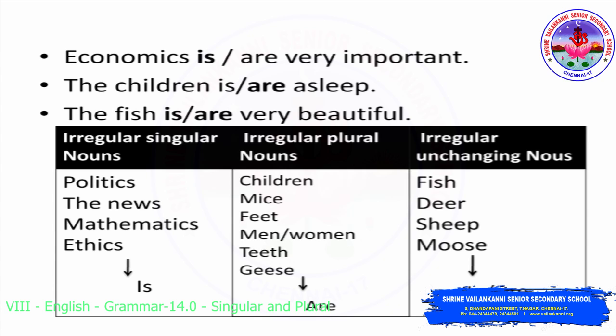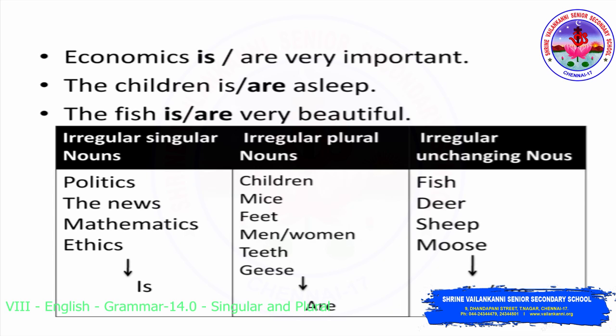For example, politics is, the news is, mathematics is an interesting subject, economics is an important subject, ethics is very important in life. Okay, so don't get confused by the letter S at the end because they are still singular. So this is the category of irregular singular nouns.